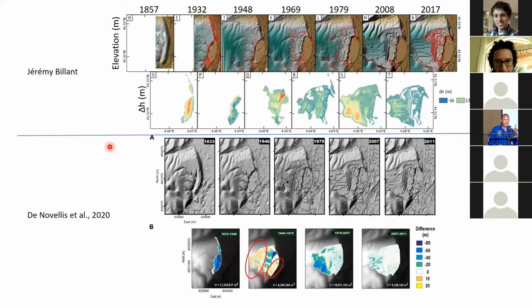We can compare this evolution to the one paper that has been published about this, which is by an Italian team, the Novellis. Overall, qualitatively, of course, we retrieve the same history, but we think that we have a better reconstruction.